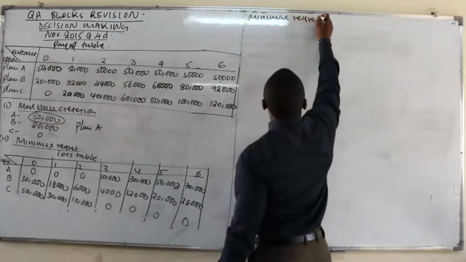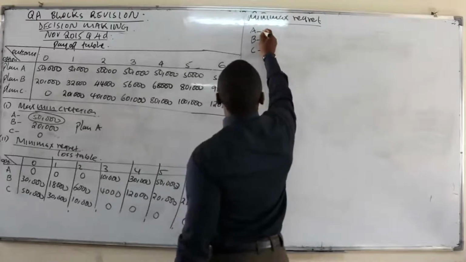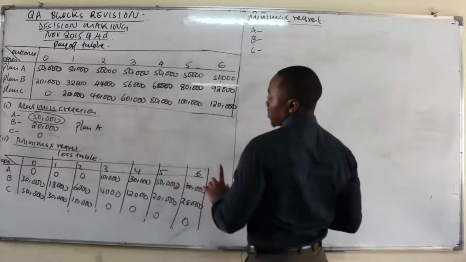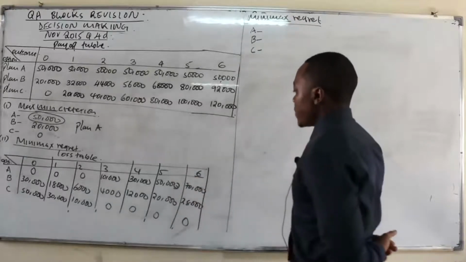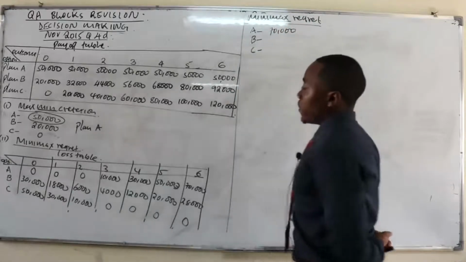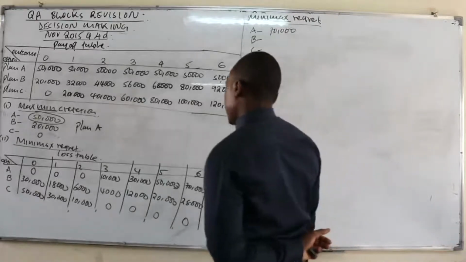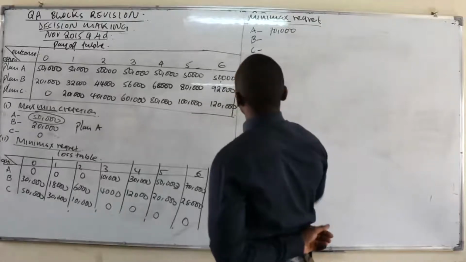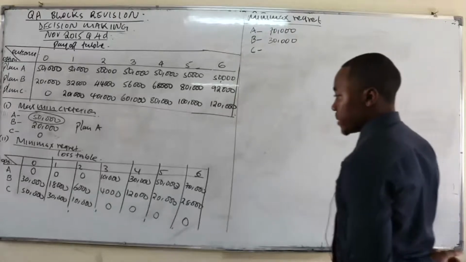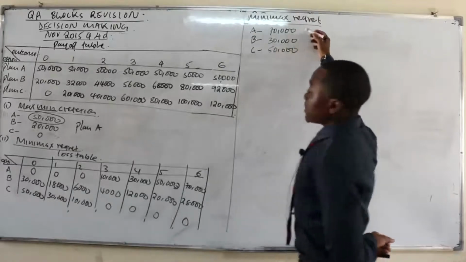Minimax regret. Now we can regret because we have the losses. Plan A, plan B, plan C. Minimum of the maximum. We take the maximum, but in this case we're using the loss table. For plan A, the maximum is 70. That's the maximum loss you can suffer. For B, the maximum loss is 30,000. For C, the maximum loss you can suffer is 50,000.